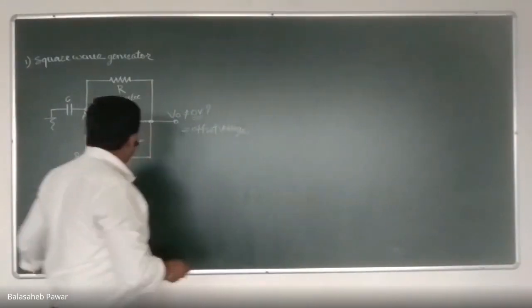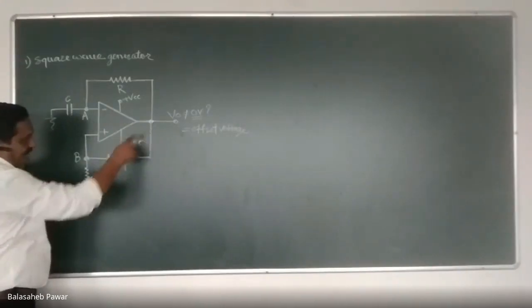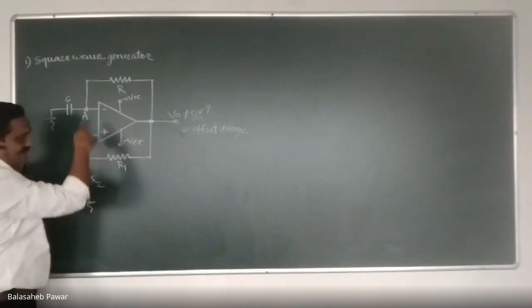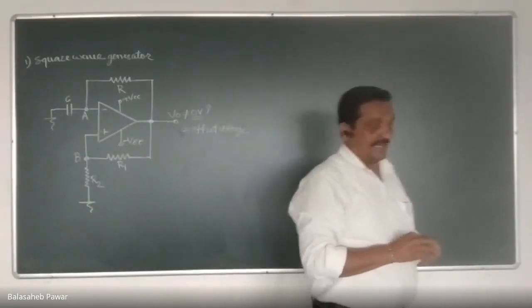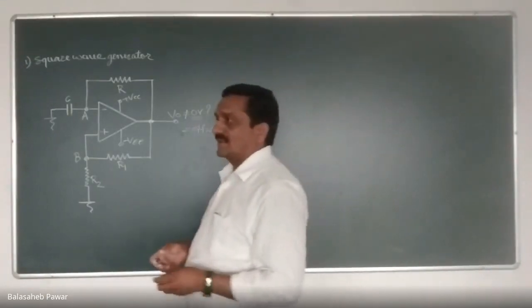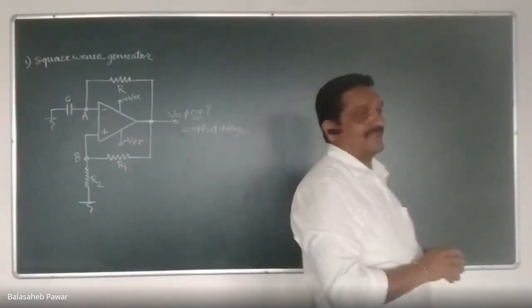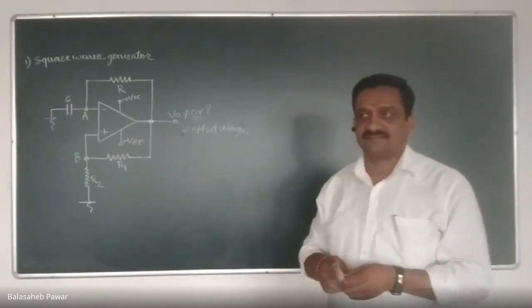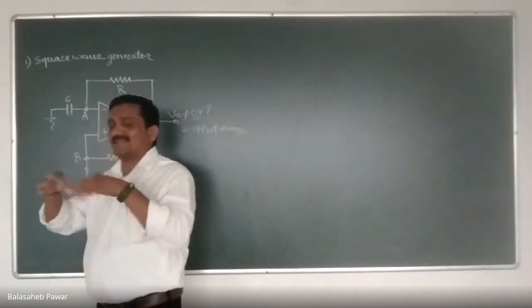But here you will observe the feedback used is positive feedback. The output is fed back to the input side to the positive terminal. That means we can say it is a positive feedback circuitry. And last year you already studied the difference between positive and negative feedback, their advantages and disadvantages. So the advantage of positive feedback is what? It increases the gain. By positive feedback, the gain of that circuitry gets increased.